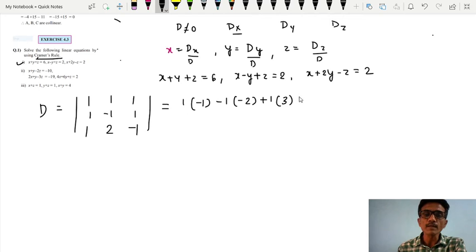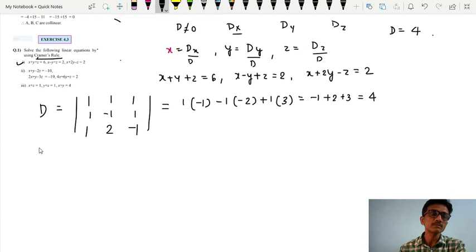So this is minus 1, here it is plus 2 and plus 3, which is 4. Yes students, this is D. So you are getting D is equal to 4.